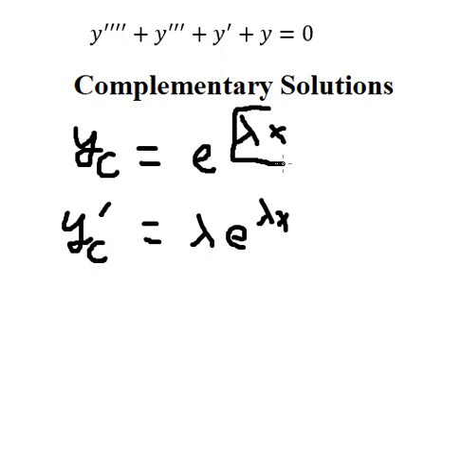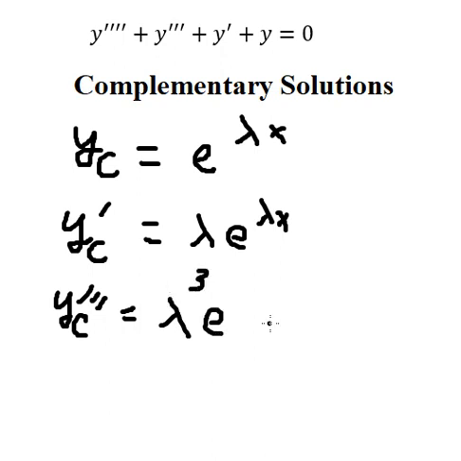Later that we need to do first the derivative of lambda s. You got lambda. Now we go to third and fourth derivative. So that should be lambda to the power of 3 e to the power of lambda s. And the last one.